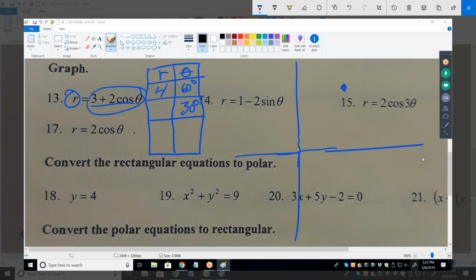What's cosine of 30 degrees? That's √3/2. So what we have is 3 plus √3, and that's when we're at a 30-degree angle. So if I make my line at a 30-degree angle and go up 3 plus √3, that's actually further than the first one. Goes to about right there. So there's another point.